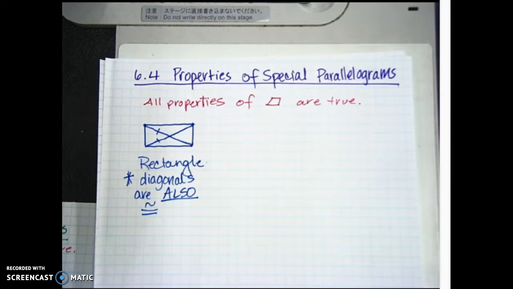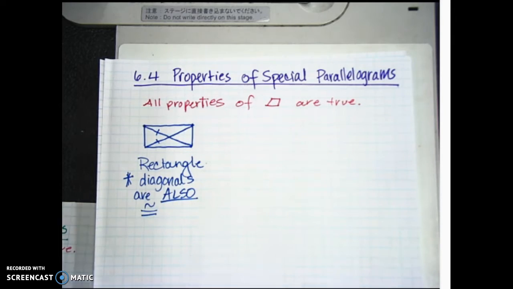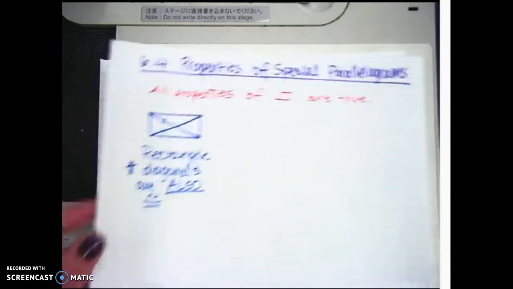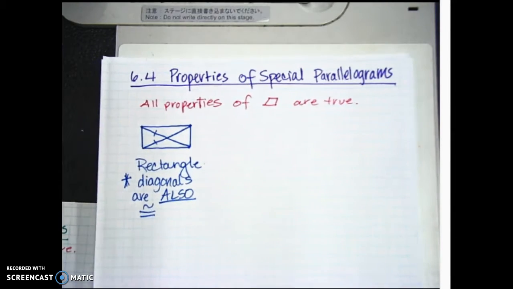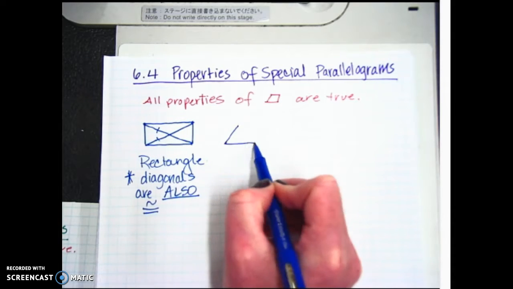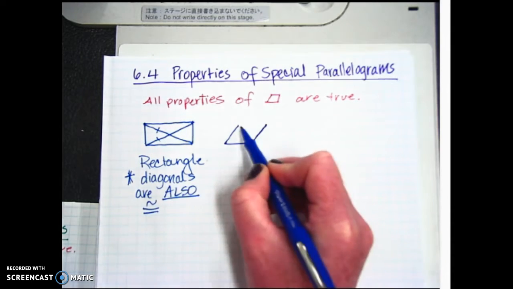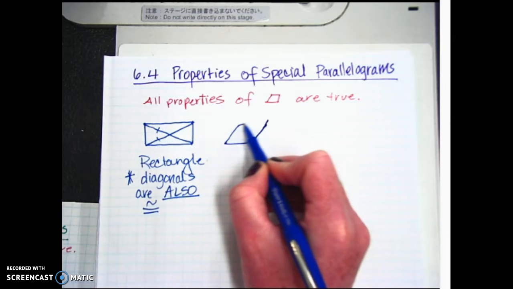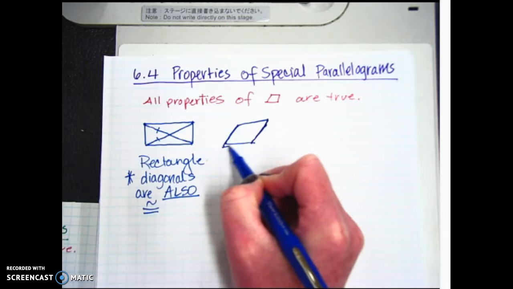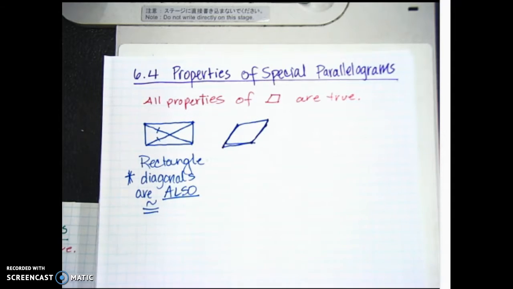The second special parallelogram that we're going to talk about is the rhombus. So you'll see the rhombus on the worksheet. It's this first one right here. If you need to trace it, just put it under your paper. It looks a little something like that.